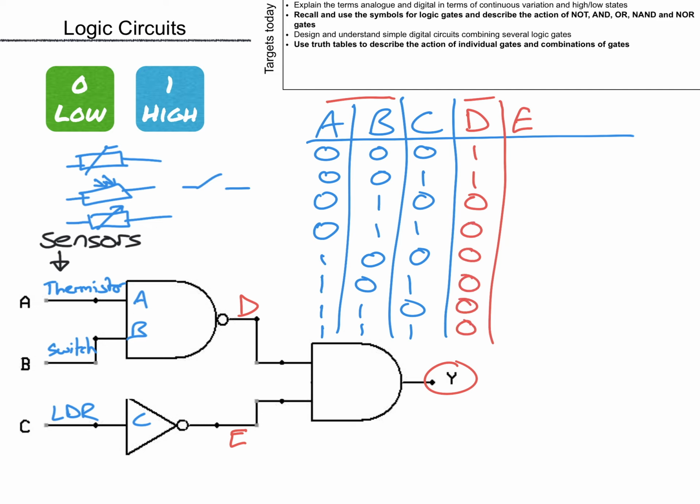If you can't keep up, you just need to practice some more. Then we have C NOT. So that's 01, 10, 01, 10, 01, 10, 01, 10.